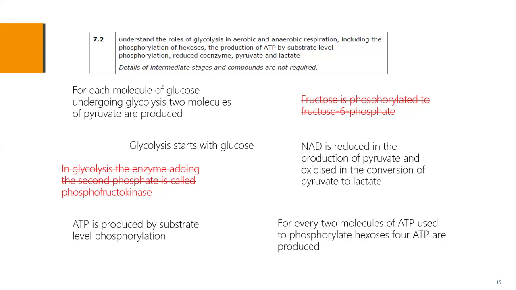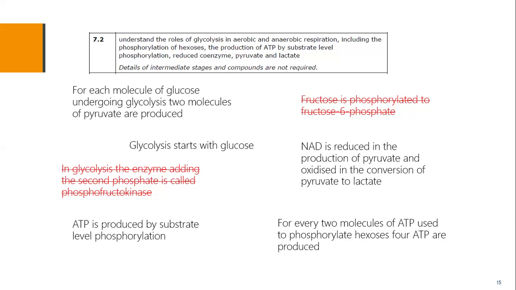They should know that NAD is reduced in the production of pyruvate and then oxidized in the conversion of pyruvate to lactate. You would go on, when you were teaching about Krebs cycle and the electron transport chain, to talk about the oxidation of NAD later on, but not as part of glycolysis.